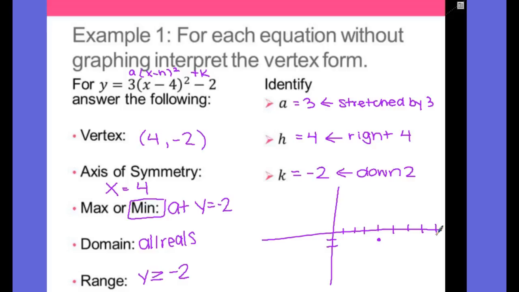That gets multiplied by 3, and then move down 2. So you could take the parent function, 1, multiply it by 3, because that's the next step to the right, and then minus 2. So it would be like 3 minus 2, 4, 1.